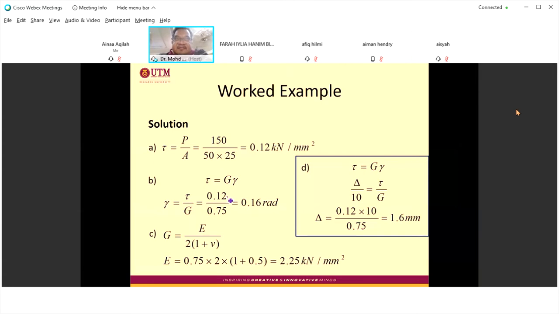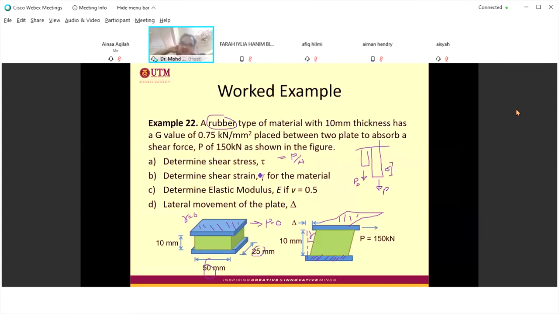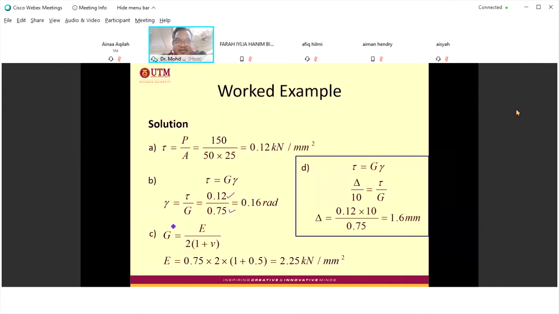Must have the same unit, upper one and lower one. So this is your angle gamma. Determine the elastic modulus E. You can use the equation here.